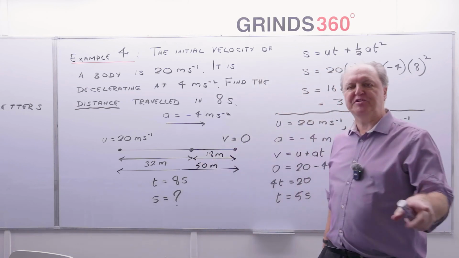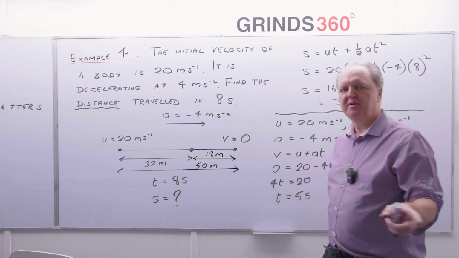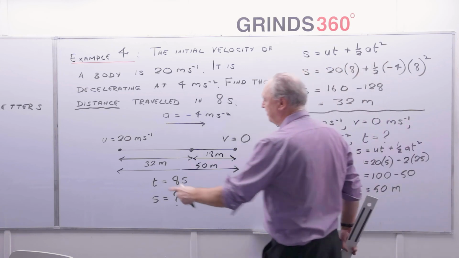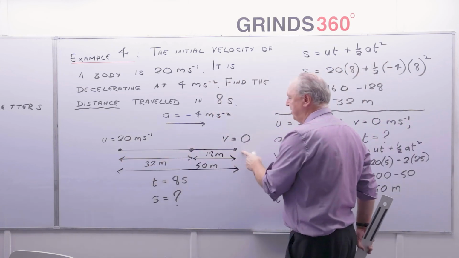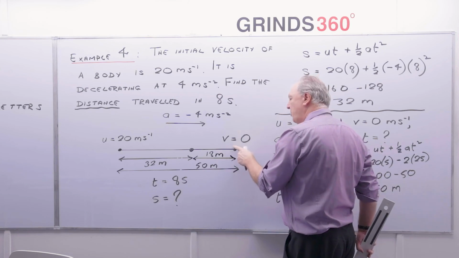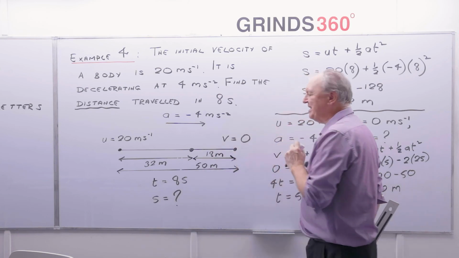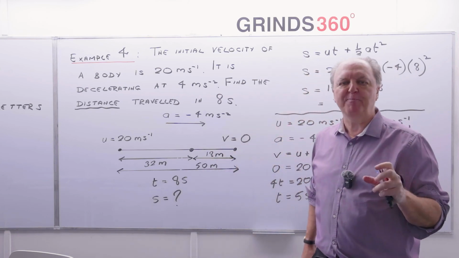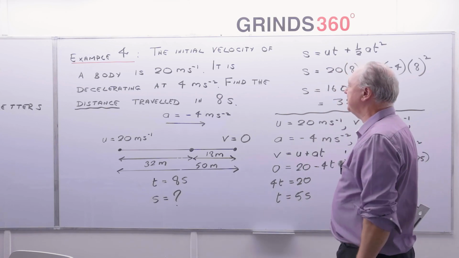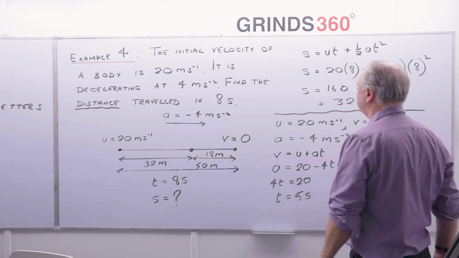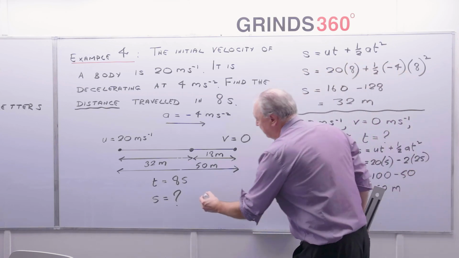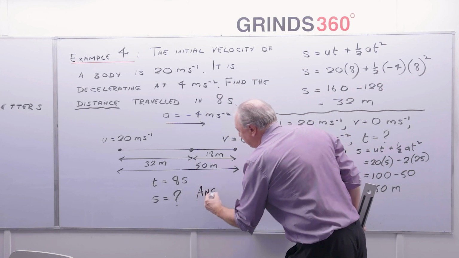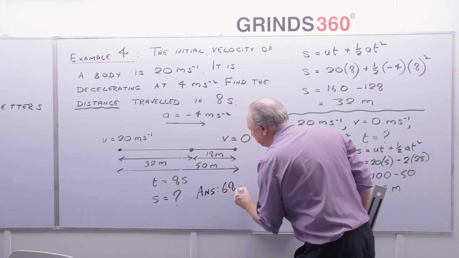So now what's the total distance I travelled after 8 seconds? It took me 5 seconds to go from here to stopping. That's 50 meters. And then I went back that way. That's 18 meters. 50 plus 18, well, that's 68 meters. So my answer for the total distance travelled is 68 meters.